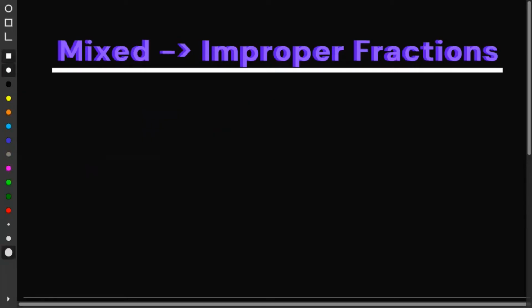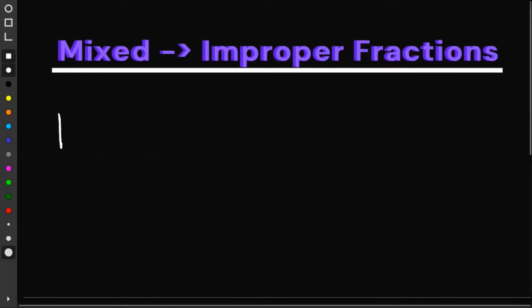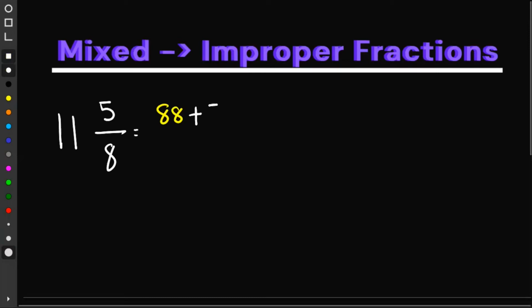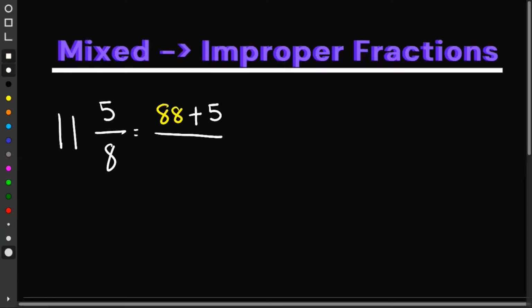Let's try a larger number. Say if we have 11 5/8. So again, we multiply these two. 11 times 8 would give us 88 plus 5 all over 8.